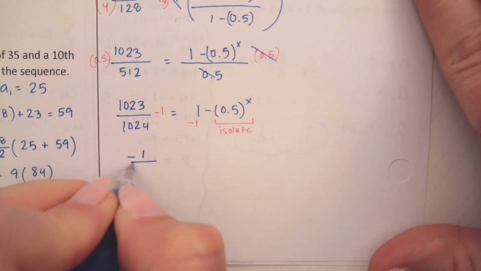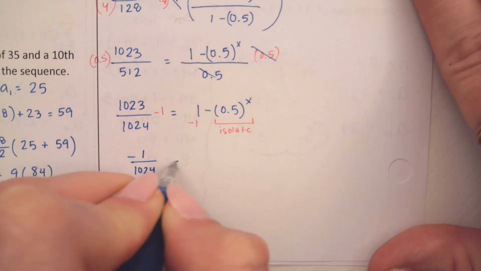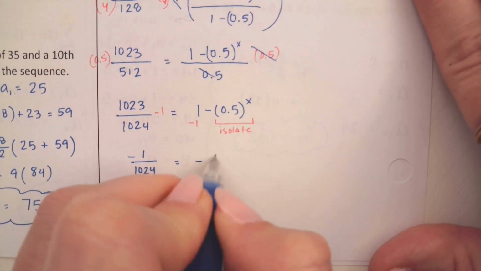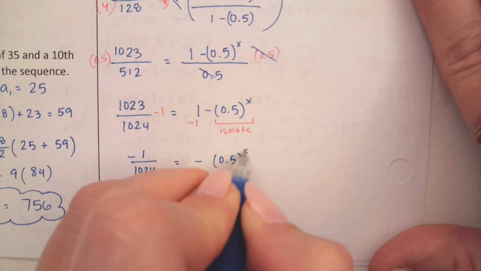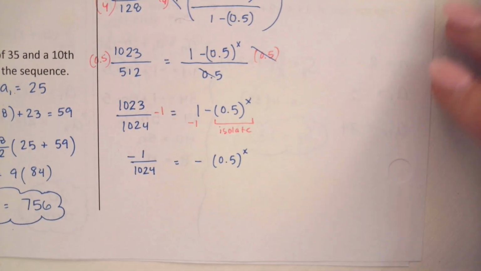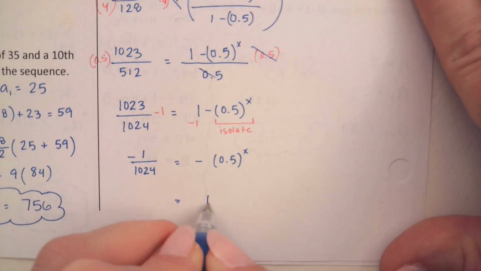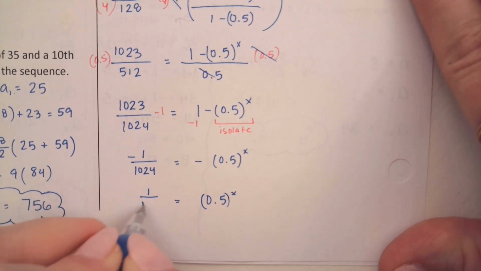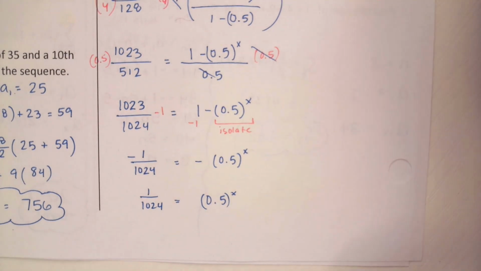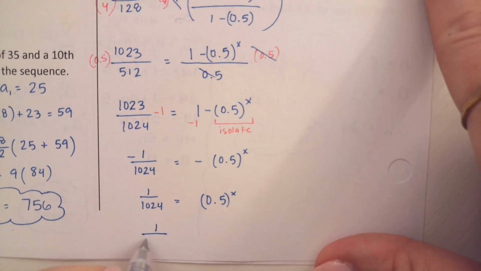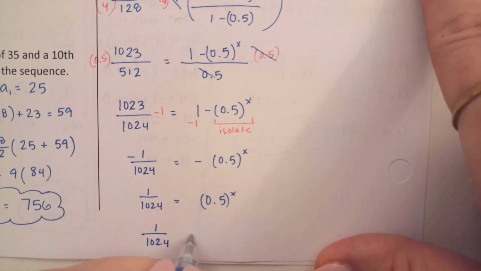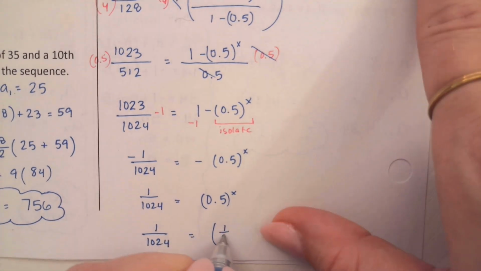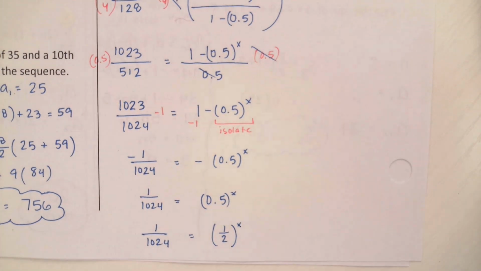Yep, negative 1 over 1024 equals negative 0.5 to the x. Divide by the negative, right? So 1 over 1024. I'm going to go back and write that 0.5 as a fraction, so y'all can see we've actually done these type of equations before.